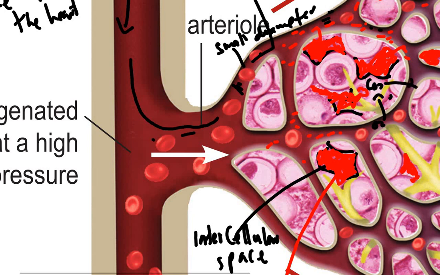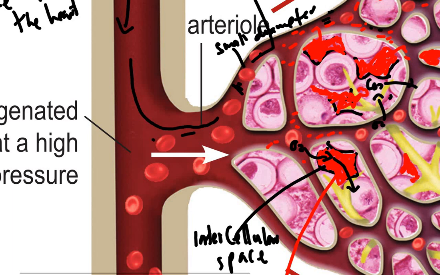But actually, for example, we have oxygen here, oxygen from the red blood cell. It will diffuse into the tissue fluid. Then from tissue fluid, it will diffuse into the cell. So this is the correct way the exchange of materials occurs.